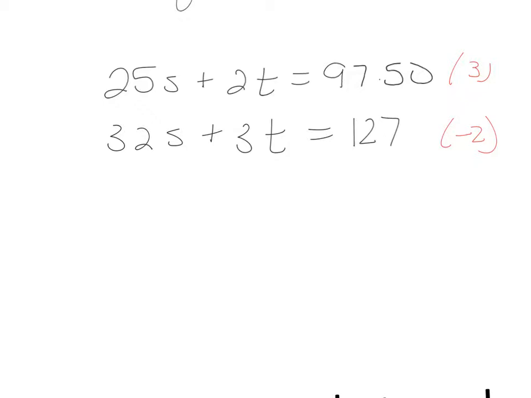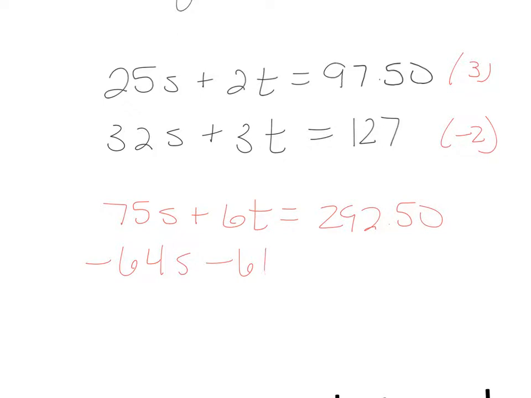Okay, so on the top here, I'm multiplying by 3, so I get 75S plus 6T equals, let's see here, 97.50 times 3, 292.50. Now I'm going to multiply the bottom one by -2, so I get -64S, -6T, and then -254.